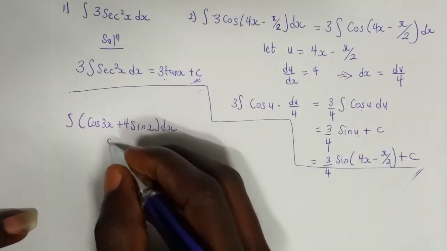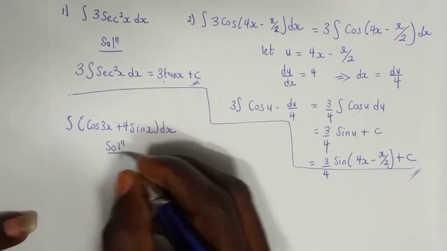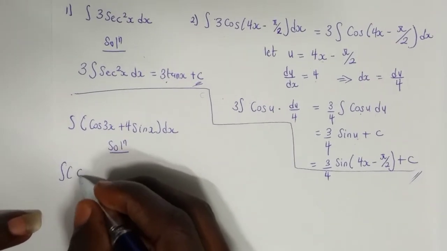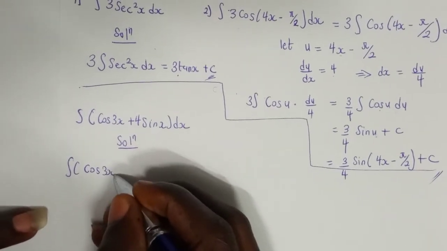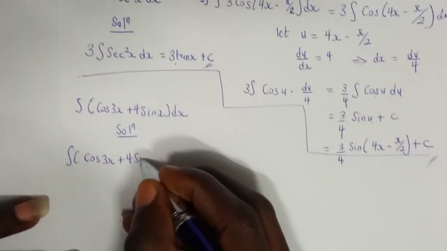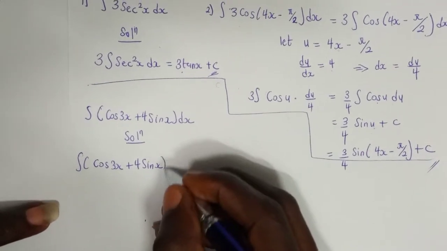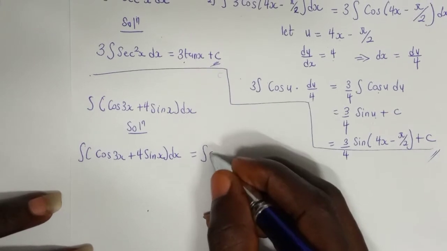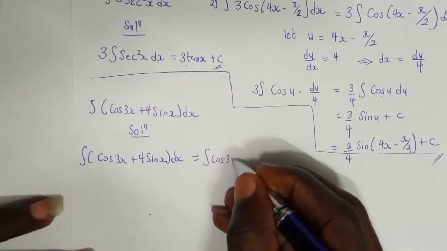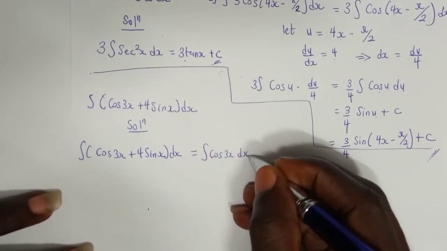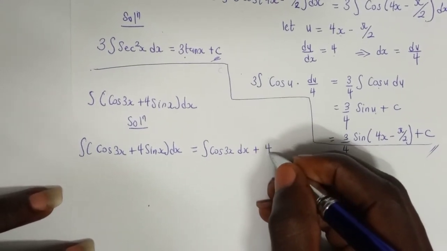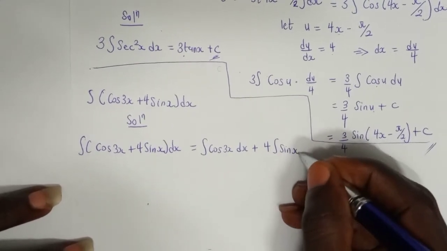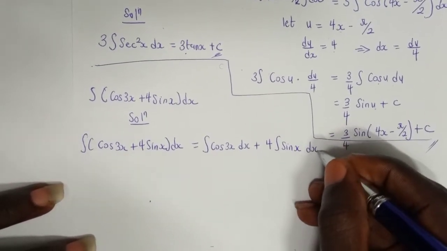So this one we are going to get, the integral of bracket cos 3x plus 4 sine x dx will be equal to integral of cos 3x dx plus 4 integral of sine x dx.